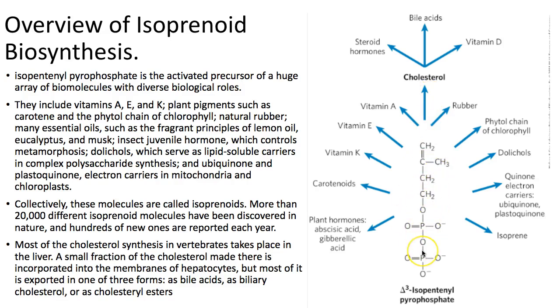But with the activated isoprene intermediate, it makes so many other essential compounds used in biosynthesis, and they're listed here. You see some vitamins, carotenoids, plant hormones, and so on.